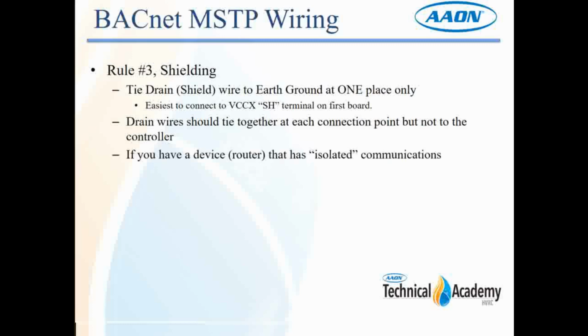If you have a device such as a router that has isolated communications, what they do is isolate the communications sections so that no extraneous voltages or anything like that will damage the router.